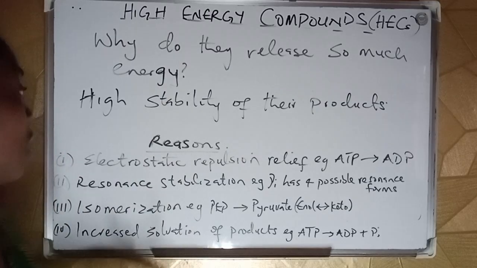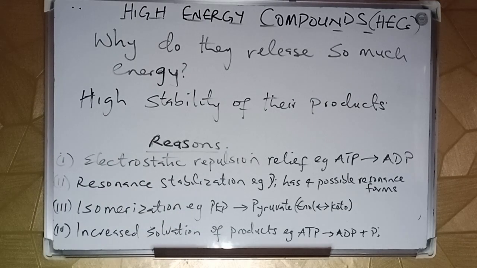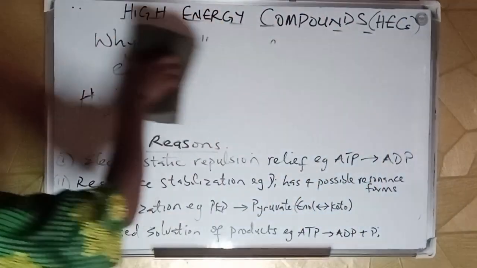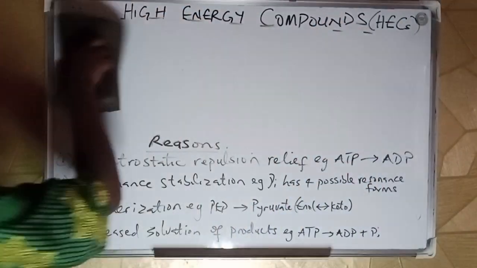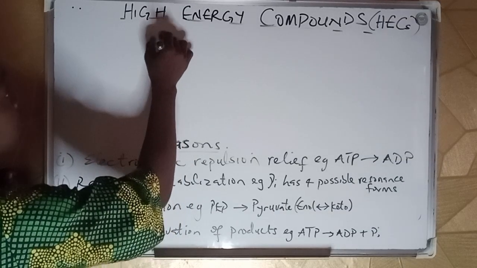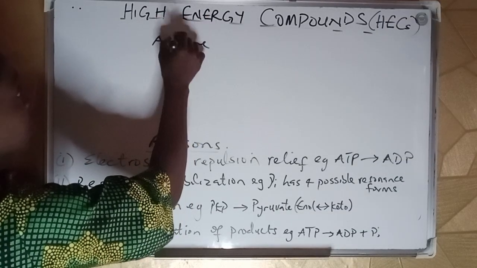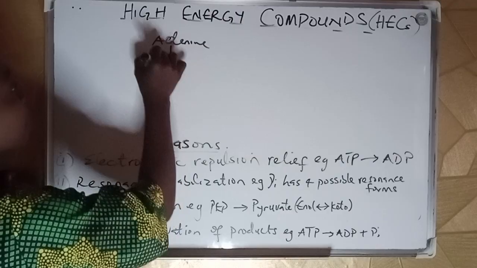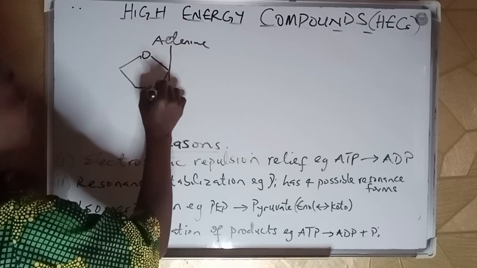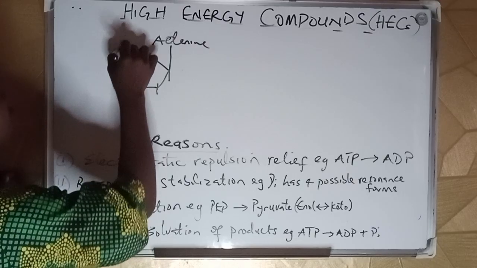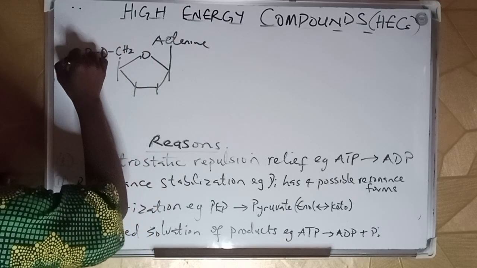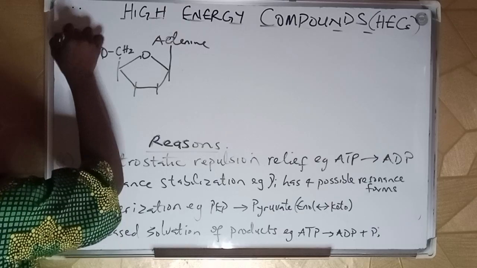Remember that in ATP we have four negative charges. Four negative charges. Remember your adenine hooked up to your ribose 5-phosphate. And then here you have your phosphate bonds. 1, 2, 3.